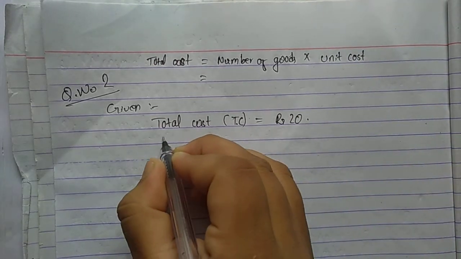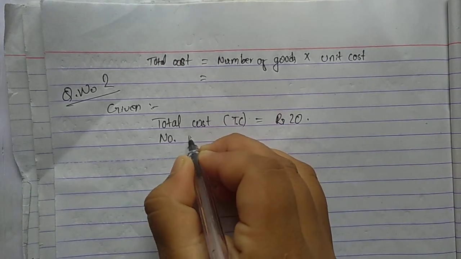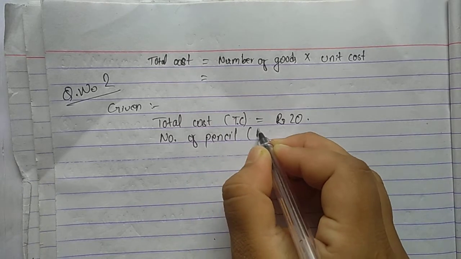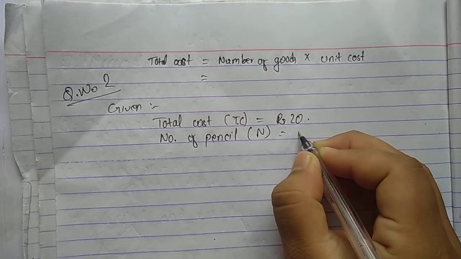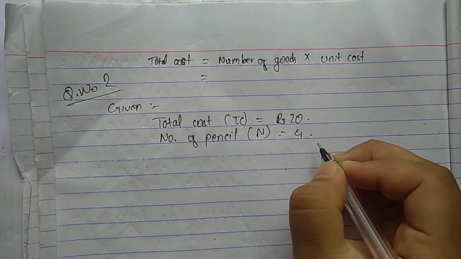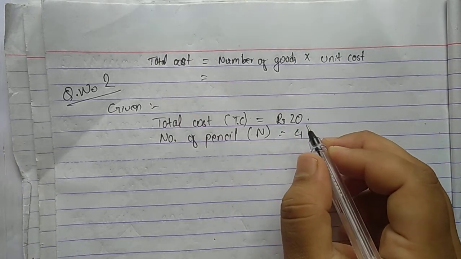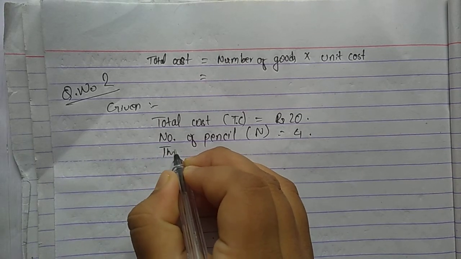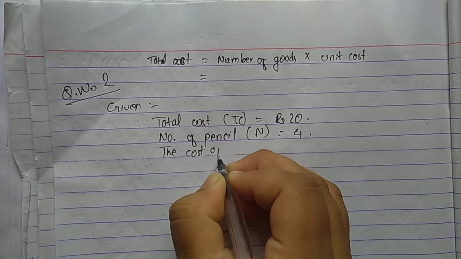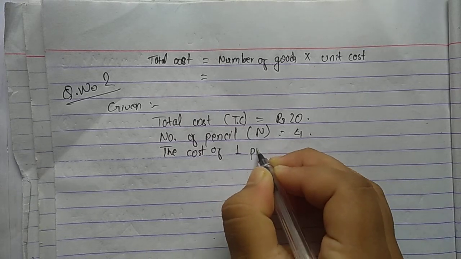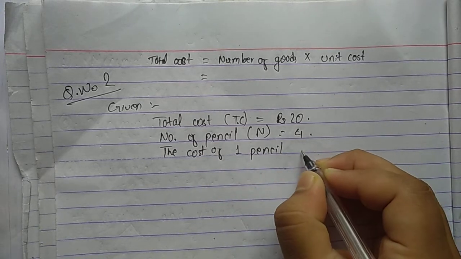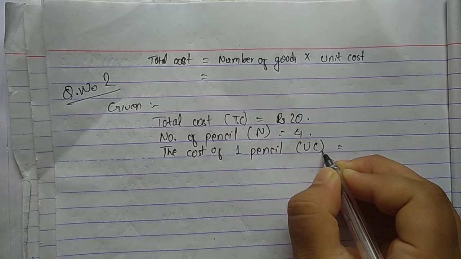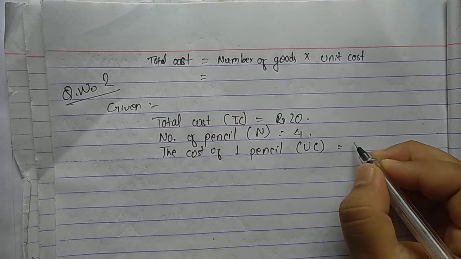And we have the total number of pencils here, and here it will be N is 4, right? So it will be easy if you denote it like this. And then now we need to find out the cost of one pencil, that is unit pencil. So that one, UC, we can consider unit cost. Okay, unit cost of the pencil equals to what?